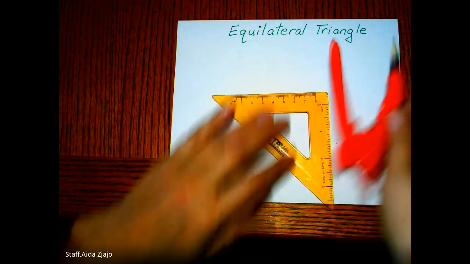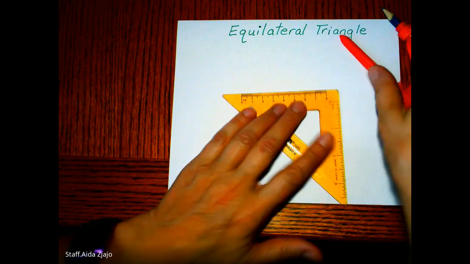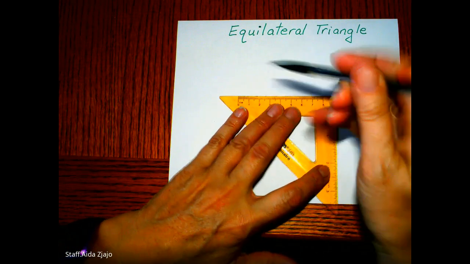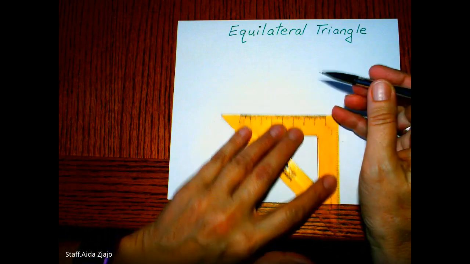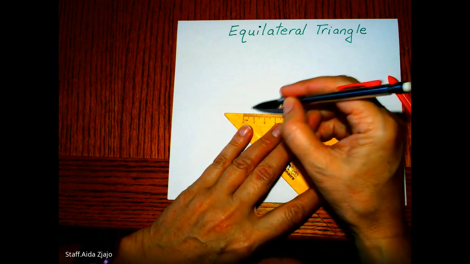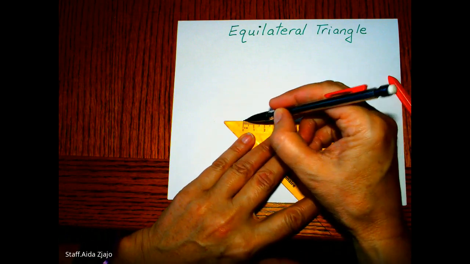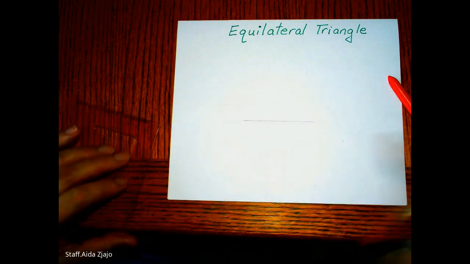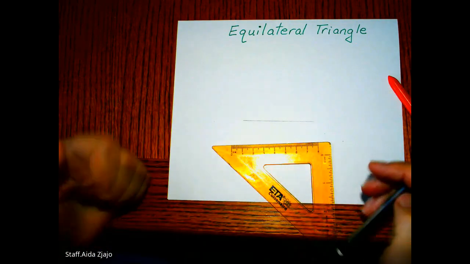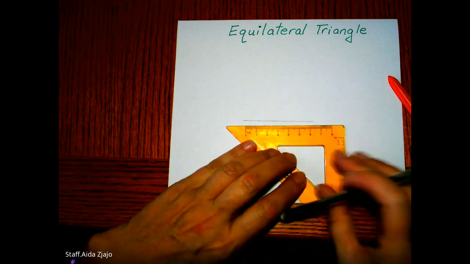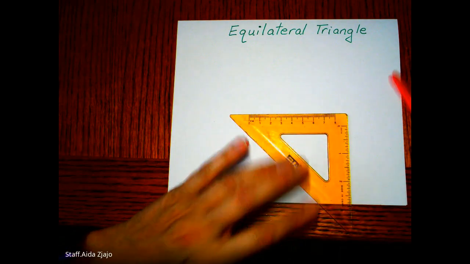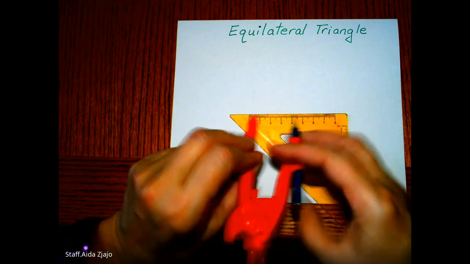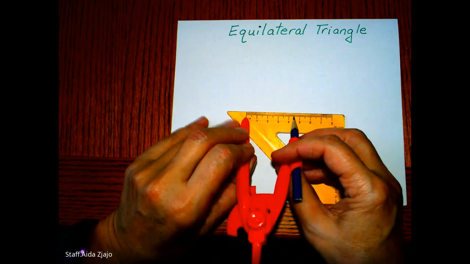So first, I would like to draw a line, a little bit of a line, and I would like my equilateral triangle to be 6 centimeters. So I can take my compass and measure how much it is.